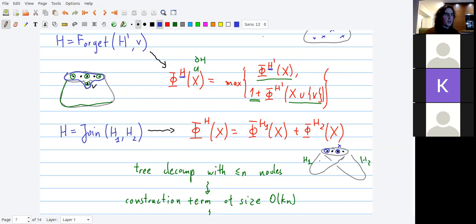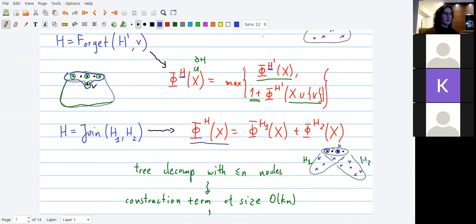I can essentially extend the solution independently on each side. So in order to get the best possible extension for a set X in the graph after the join, I combine the best possible extensions in the two partial graphs of the join operation.